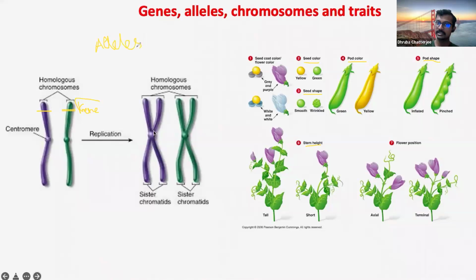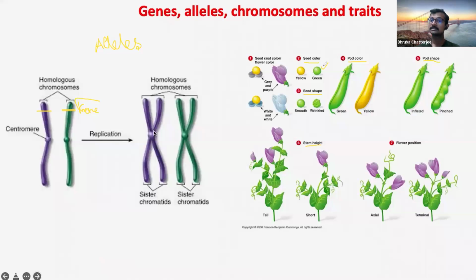And basically, if you really want to realize what are the variants of one particular gene, that is, what are the alleles that are present, then you will not be able to appreciate this if you just see one organism or one individual or one pea plant. You have to look into all the pea plants of your garden. Then only you get to realize that the frequency may be different. Maybe if you see 100 pea plants, 90 pea plants are having green pods.